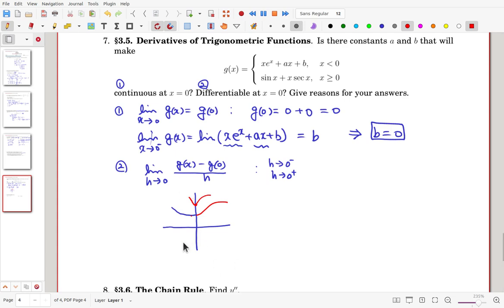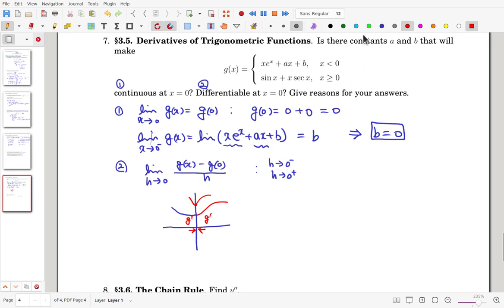So we try to get g prime on this side and g prime on that side, approaching 0 from both sides, and then the values must be the same. We'll use this knowledge to decide a eventually.